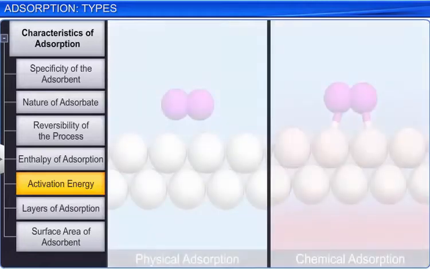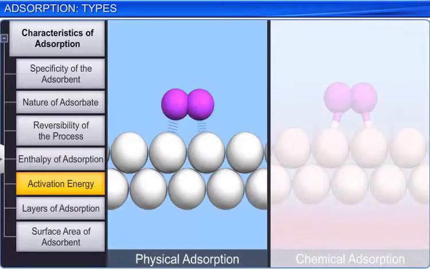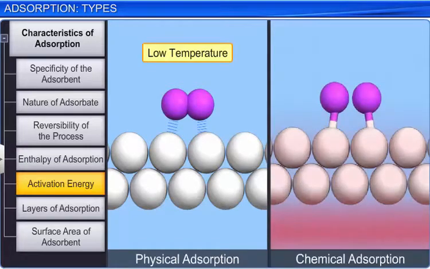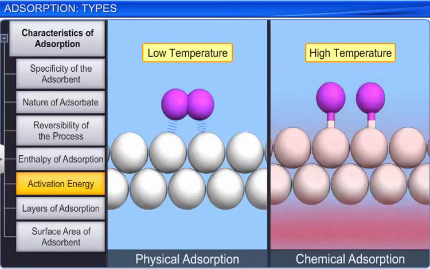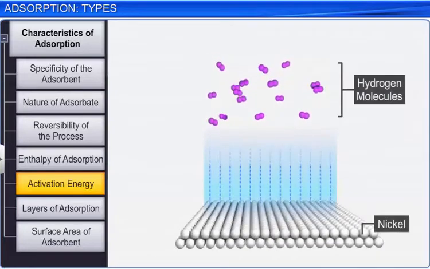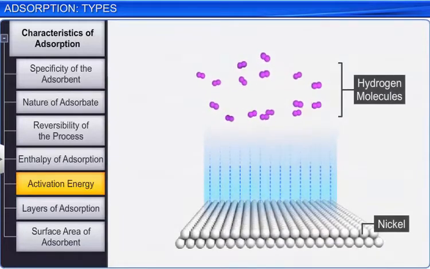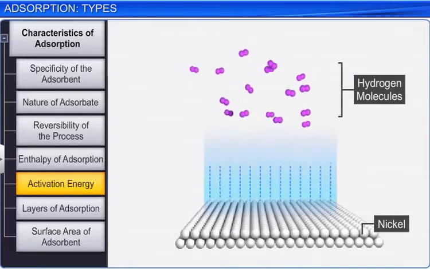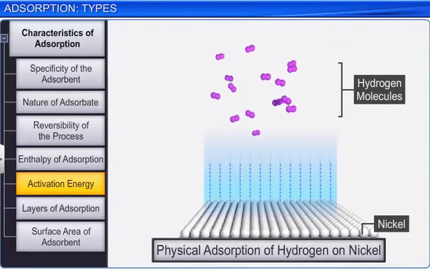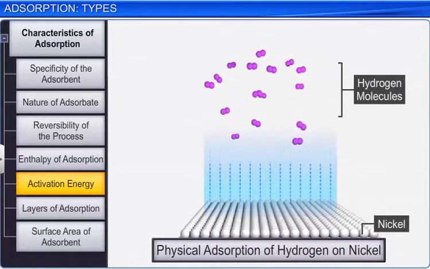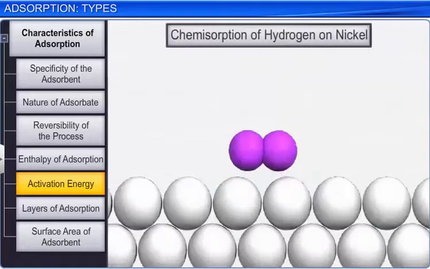A gas may be physically adsorbed at low temperature, but chemisorbed at high temperature. During the adsorption of hydrogen on nickel at low temperatures, hydrogen is physically adsorbed on nickel. However, at high temperatures, hydrogen gets chemisorbed on the surface of nickel.